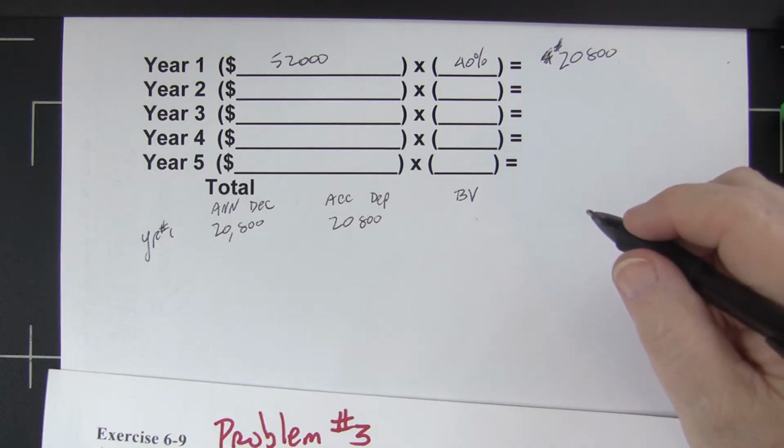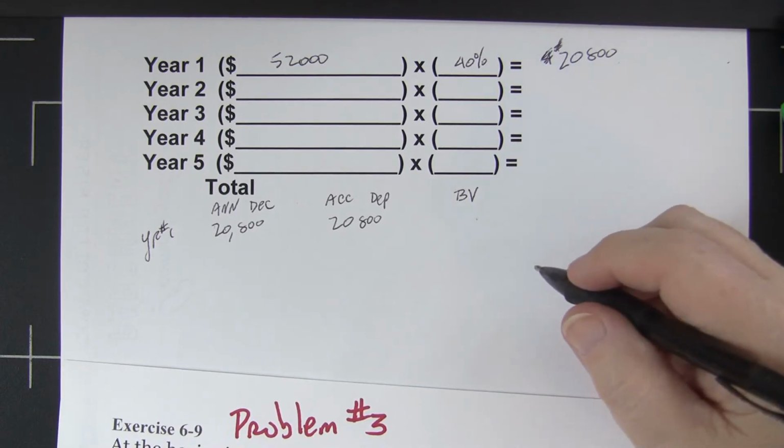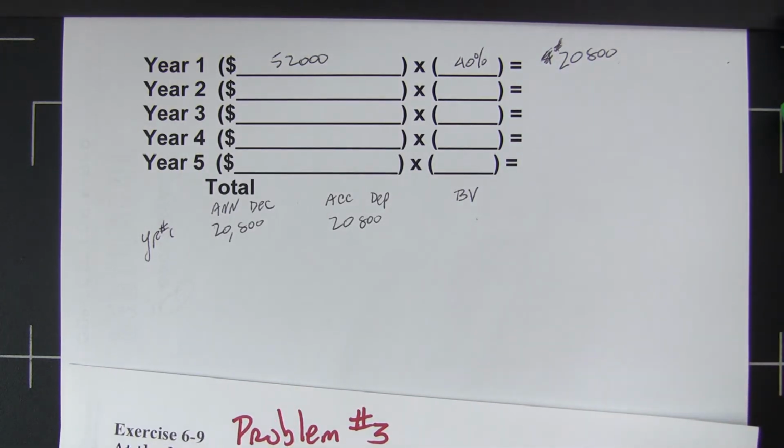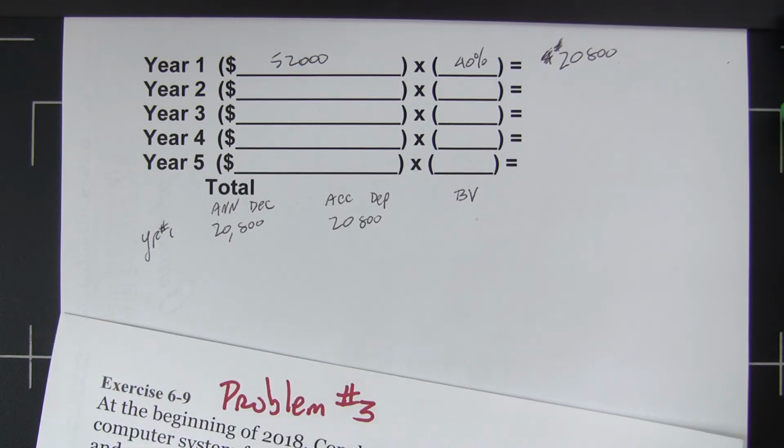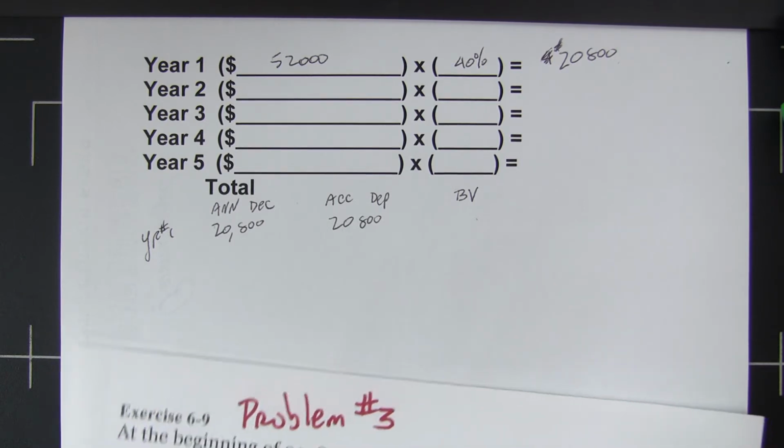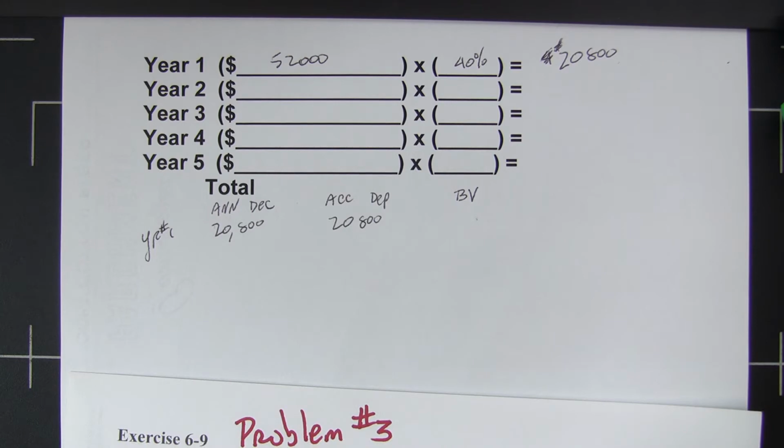Something I'm really good at. I'm taking 52,000 and I'm subtracting 20,800.